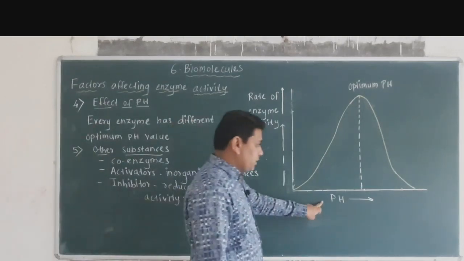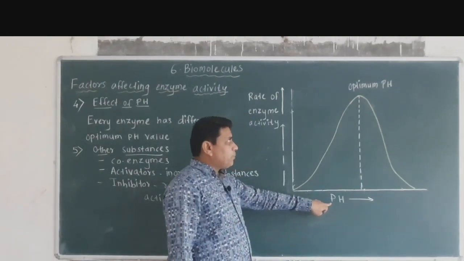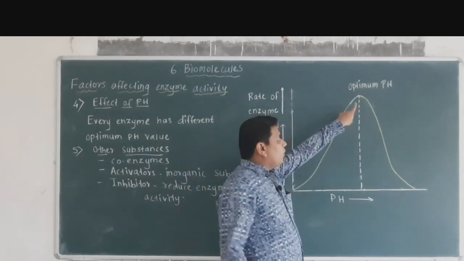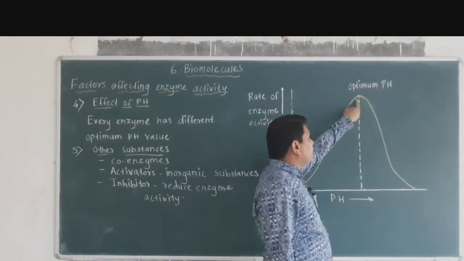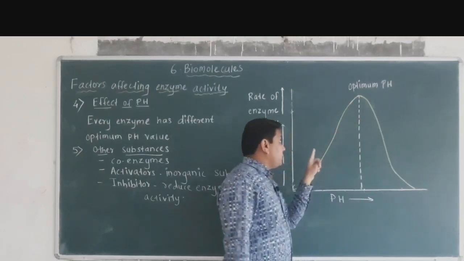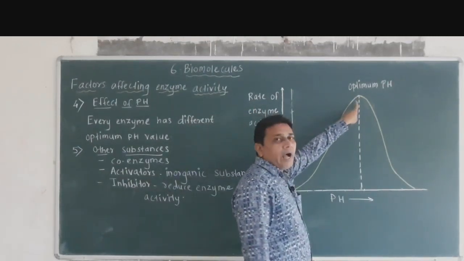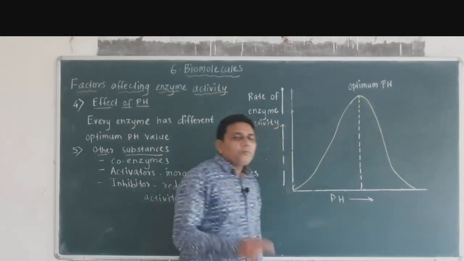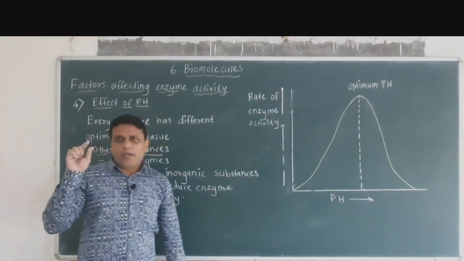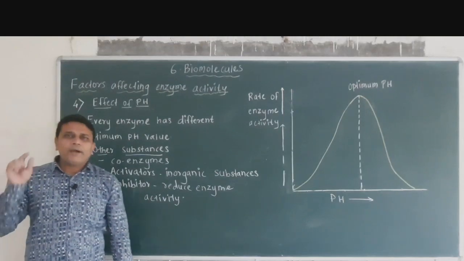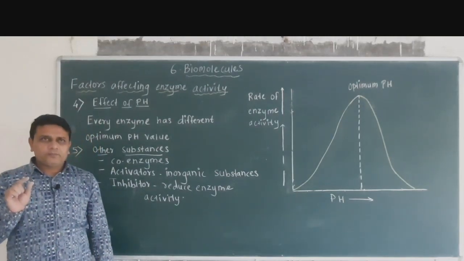So, here you can see that when the pH value is optimum, then the rate of enzyme activity is the highest. So, enzyme activity requires proper pH.